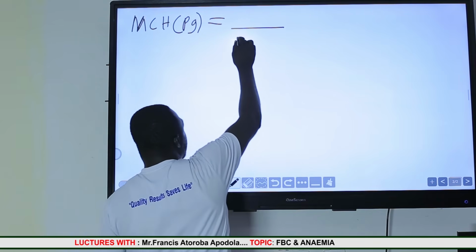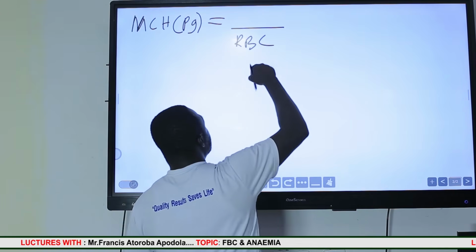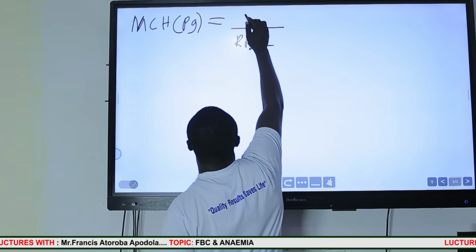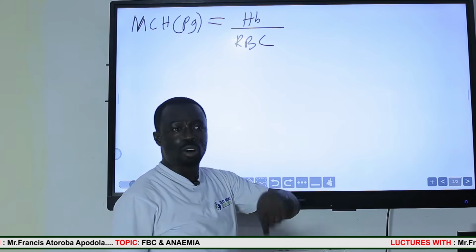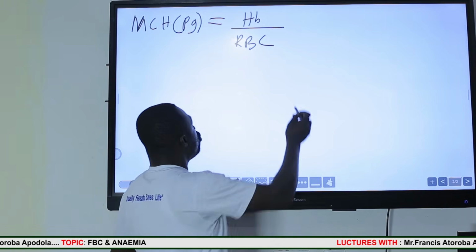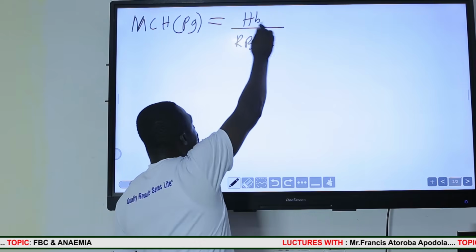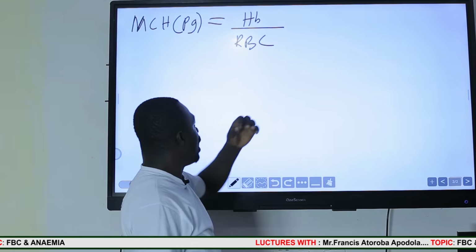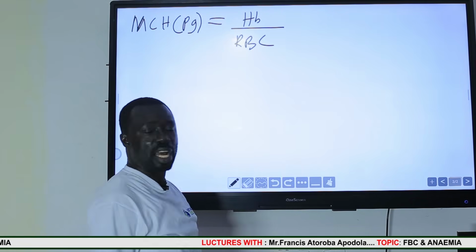So you have so many RBCs, and those RBCs are giving you a particular HB value. Then if you want to know the amount of hemoglobin contained in a single RBC, you need to take the HB value of the patient, and divide by the number of RBCs that gave rise to the HB. Are you getting that?